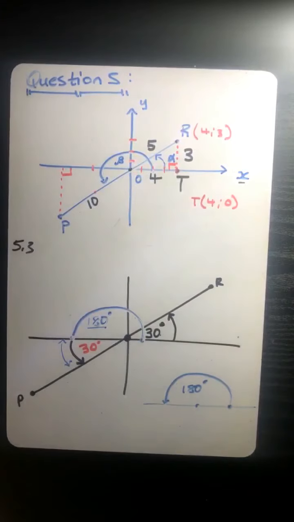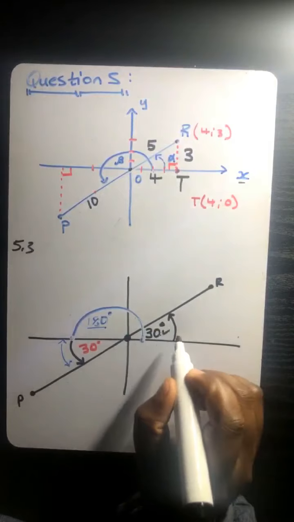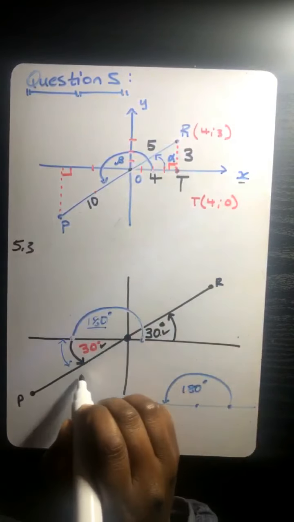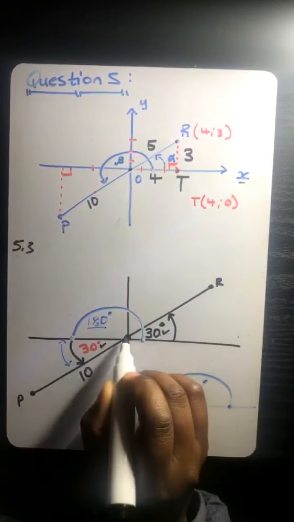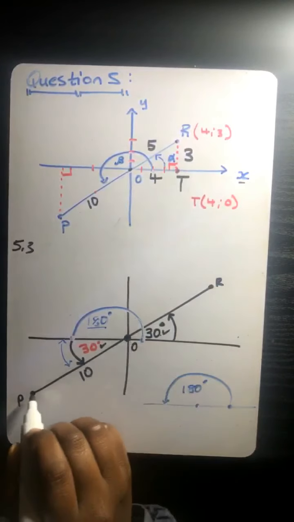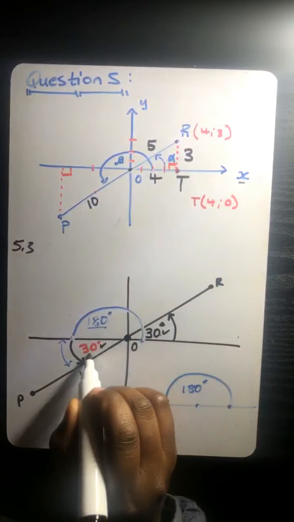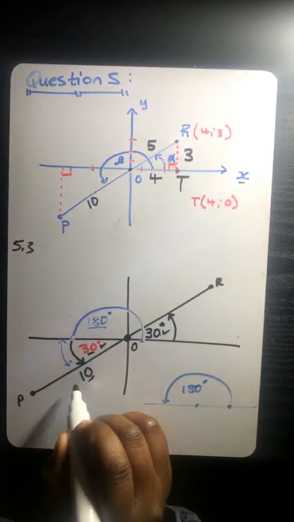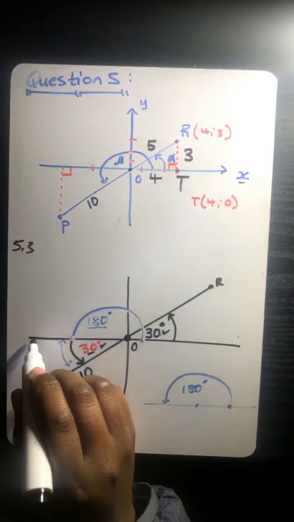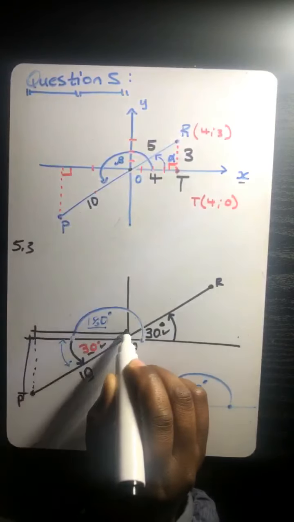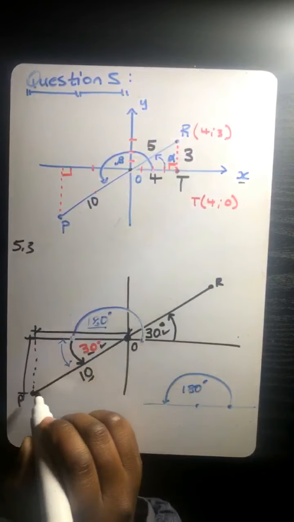So now, if we know this angle and you guys are saying it will be the same as that angle, with us knowing that from the origin to P is 10, do you guys agree that we can use this angle and that length to determine that, and also to determine that?